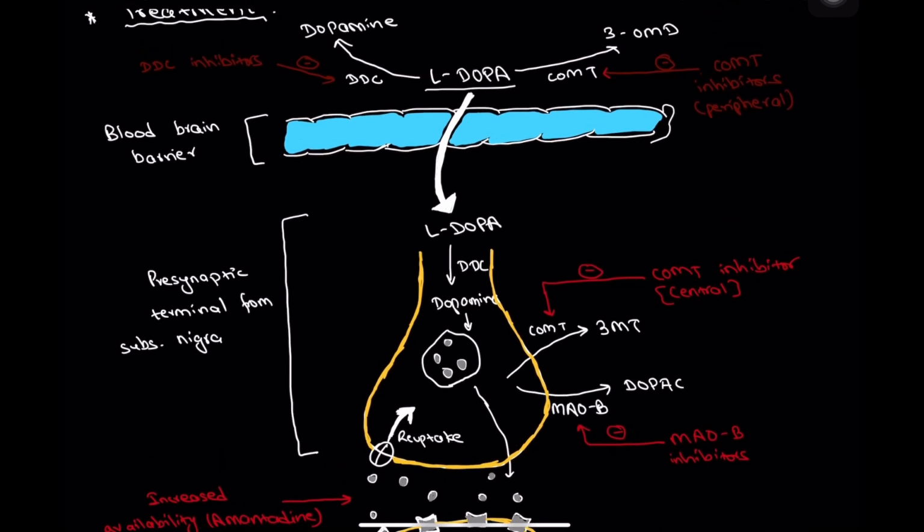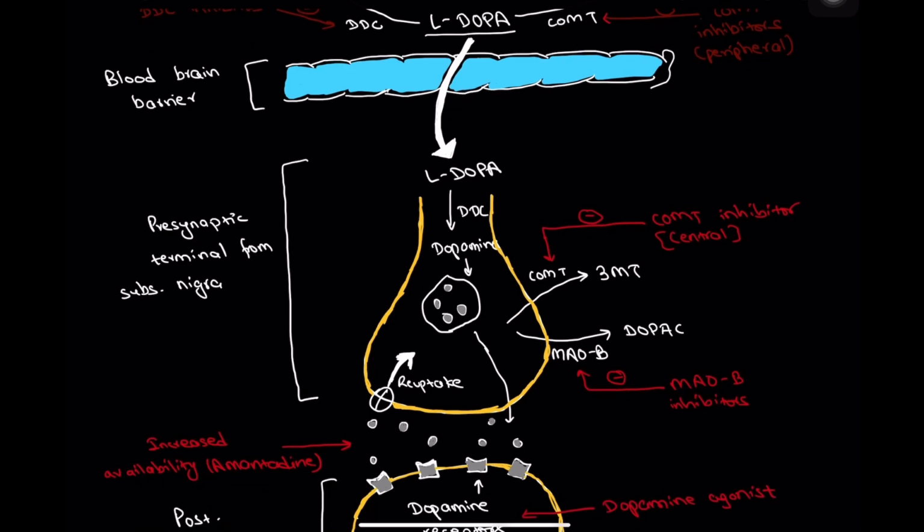So L-DOPA is the metabolic precursor of dopamine, and peripherally it can be converted to dopamine by DOPA decarboxylase enzyme, and it can be converted into 3-O-methyl-DOPA by catechol-O-methyltransferase enzyme. It can cross the blood-brain barrier, and then dopamine will be formed from L-DOPA by DOPA decarboxylase enzyme.